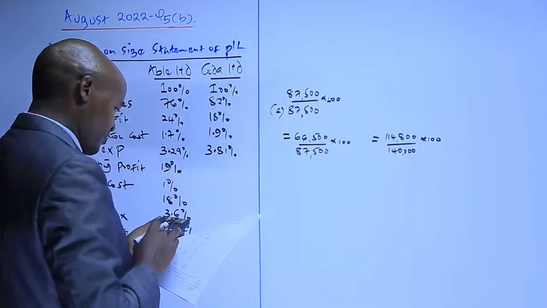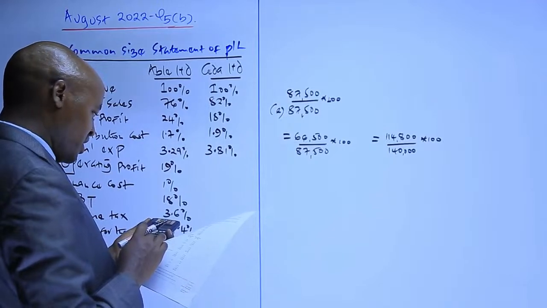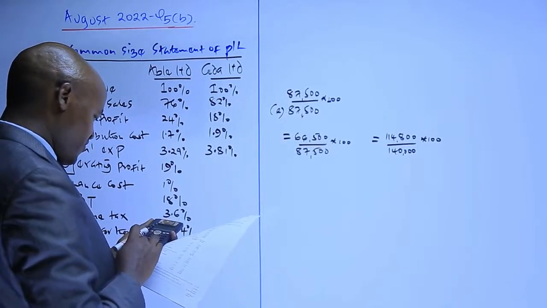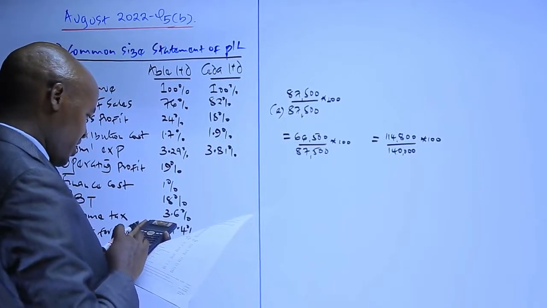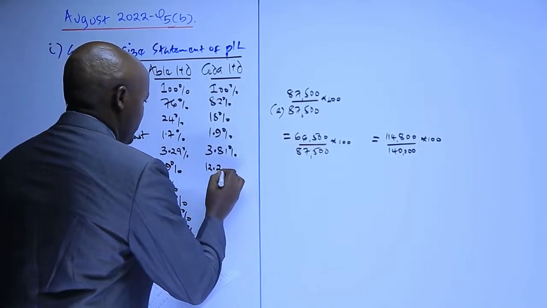Then below that we have the administrative expenses, 5,340 divided by 140,000 times 100, which will give us 3.81%. Then the operating profit, 17,150 divided by 140,000 times 100, 12.25%.